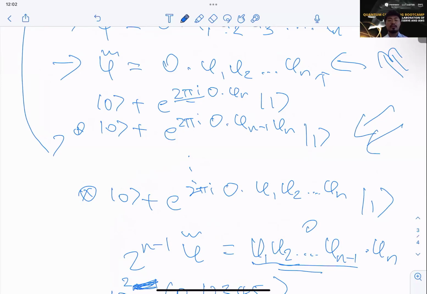Can anyone tell me what this form looks like? Does this entire thing remind you of anything else?